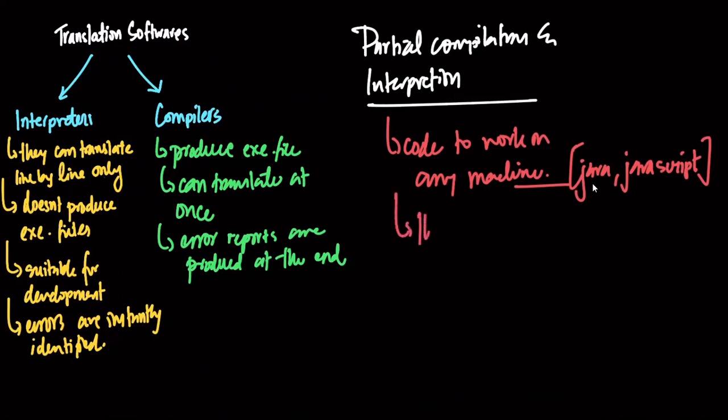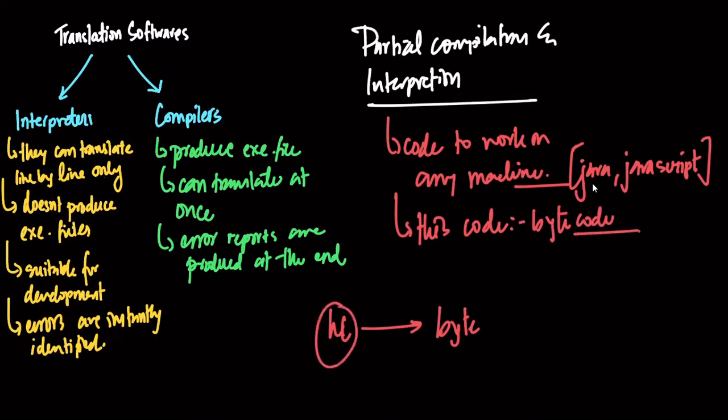Because let's say this is your high level language, you turn it into this code, which is called the bytecode. Let's say you made this in Mac OS, and it is compatible for Mac OS.